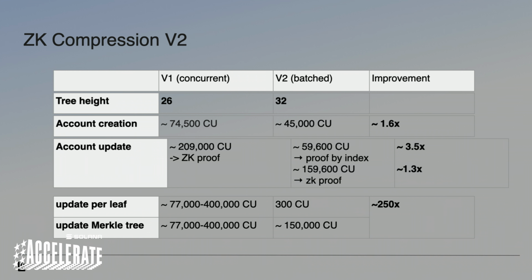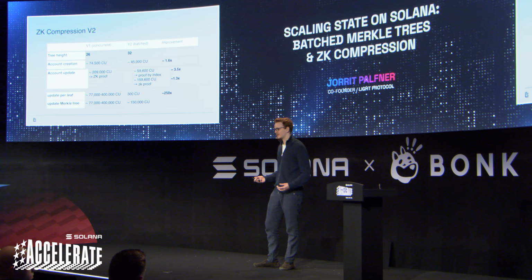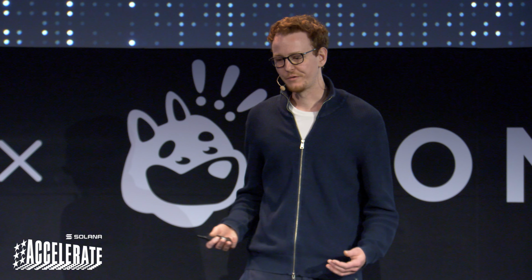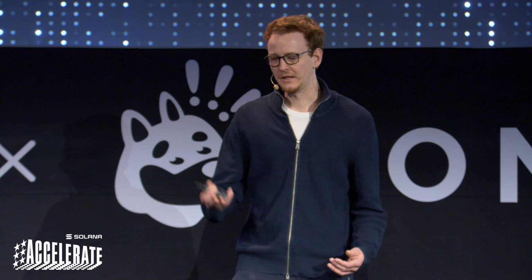And then the biggest gains that we were actually after is the Merkle tree update operation, which gets us a 250x improvement. And the nice property here is that because the instruction data for this operation is pretty small, less than 200 bytes, we can actually put up to 5 of them into one transaction. So for transaction cost, you can get even bigger gains than the 250x.